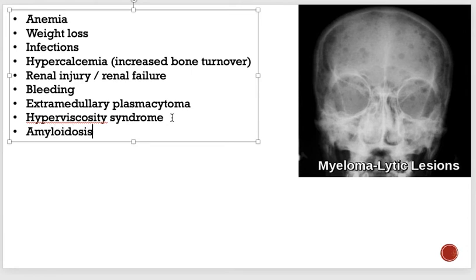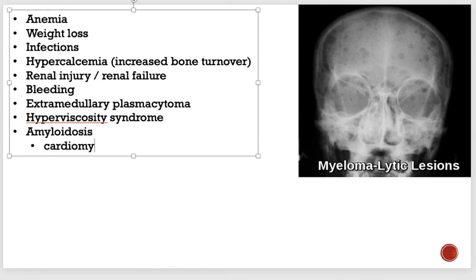Amyloidosis can occur, right? As I told you, in amyloidosis there will be deposition of abnormal protein in different organs. So what will happen, guys, when the abnormal protein deposits in the heart? It can lead to cardiomyopathy.